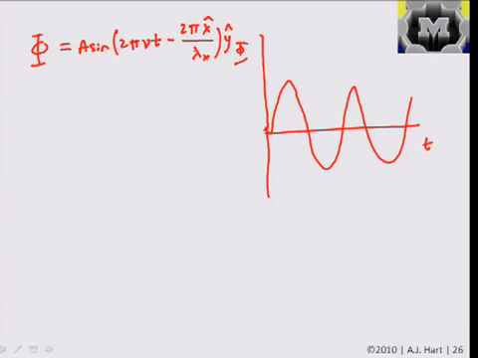And this is what we defined as a traveling wave. So this wave is moving to the side as time goes past. We can define omega as 2 pi times nu, where this is just our definition of the angular frequency.